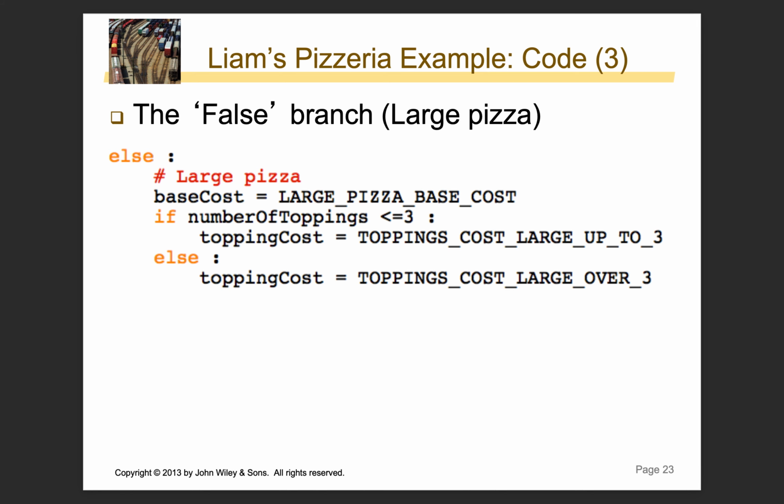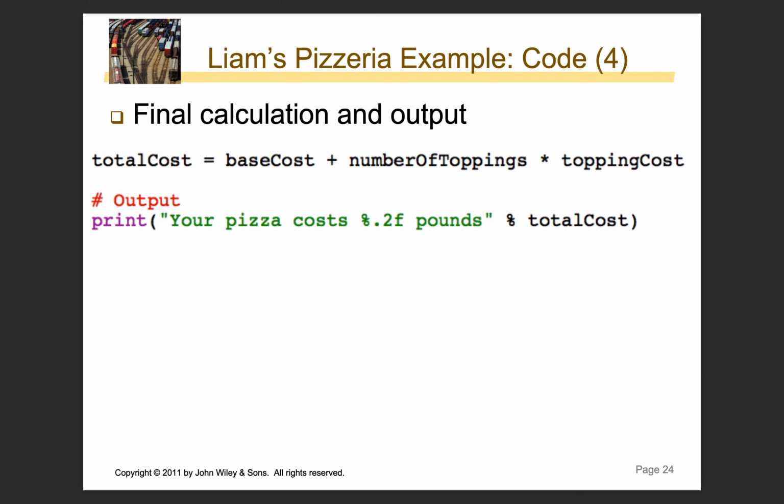Okay, so now Liam's code has got the correct value, hopefully, for the base cost of the pizza and the topping cost. Finally, it just needs to calculate these things together to give an overall price. So the total cost is going to be how much the pizza base costs, based on if you've got a medium or a large, as well as the number of toppings you got times how much each topping costs.